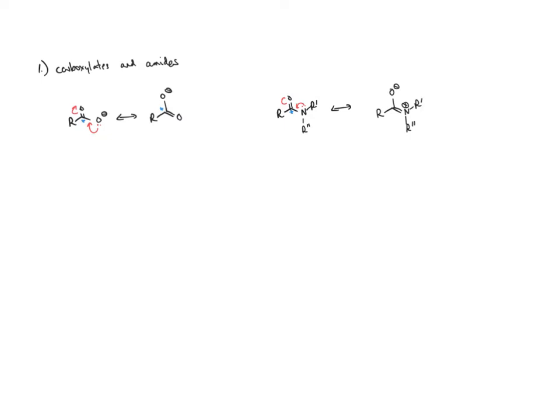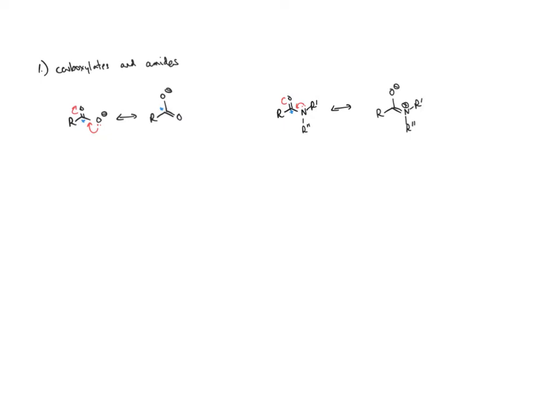Well, in both cases, we're making the LUMO higher. We're pushing electron density towards a region which we don't want to have electron density if we're trying to get attacked by a nucleophile, right? So this decreases the reactivity. In the case of the carboxylate, we've got negative charge on electronegative atoms, both of which are oxygen. But in the case of the amide, the electronegative oxygen atom bears a negative charge, but there's also a positive charge on the nitrogen.